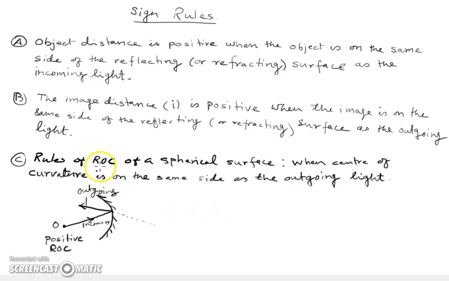We have not talked so far about curved mirrors, right? Of course, we have drawn here a curved mirror. We'll talk in the next lecture about the rule of radius of curvature, ROC. We'll get used to these terminologies. This is called the radius of curvature, and of course we are talking here about a curved mirror, not a plane mirror.